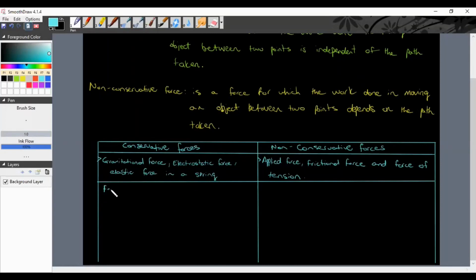If we have Fg over here, we know that it is independent of the path from starting to finishing points.